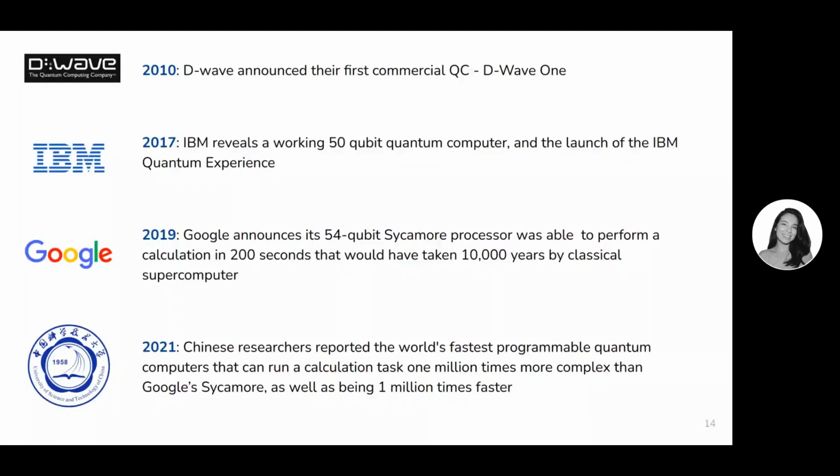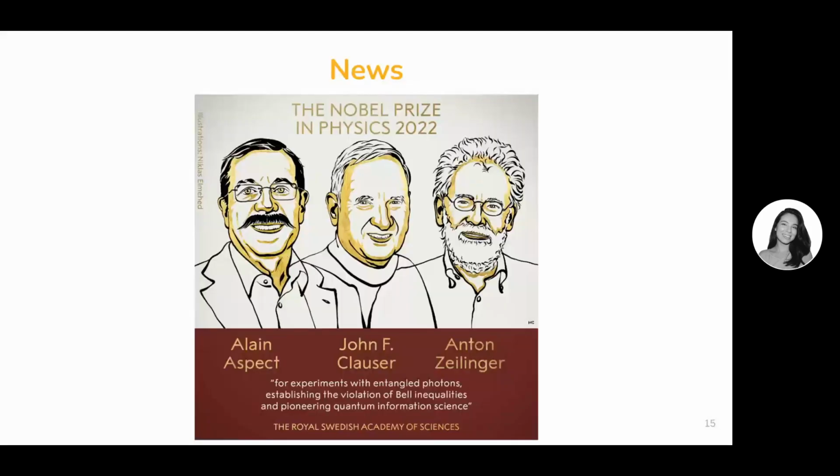And if you have been following the news, then of course you must have heard about the Nobel Prize in 2022, which was given to pioneers of quantum information science, Alain Aspect, John Clauser, and Anton Zeilinger, who had very big contributions to the development of quantum information science itself, but also quantum computing.